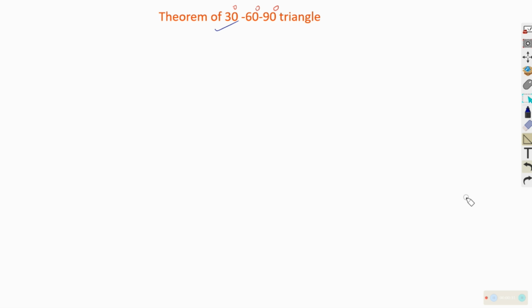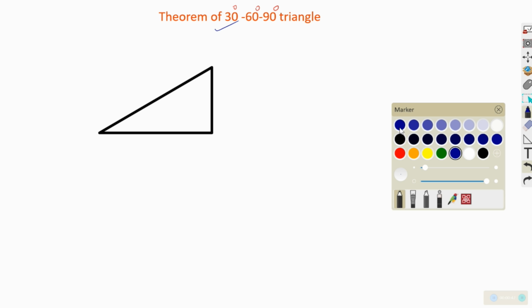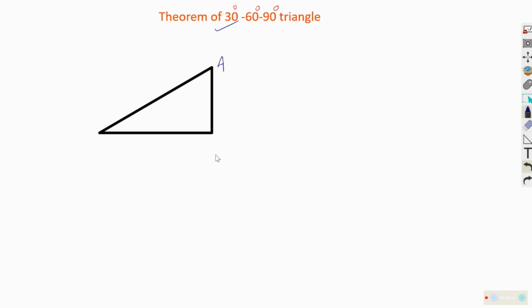It made us understand that, let me draw a triangle. Yes, I can make it 30, 60 by adjusting a little. Okay, this is a 30, 60, 90 degree triangle. And if I name the triangle A, B, C, as I showed you, this is 60 degree, this is 90 degree, and this is 30 degree. You should go to the lesson on triangles and recollect everything, because I am not going to tell everything, I will just say the matter.